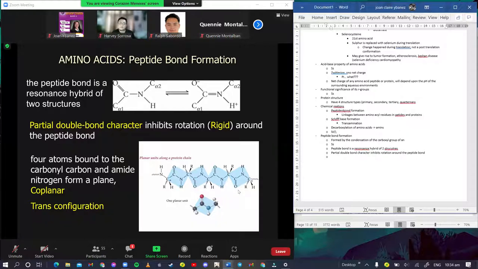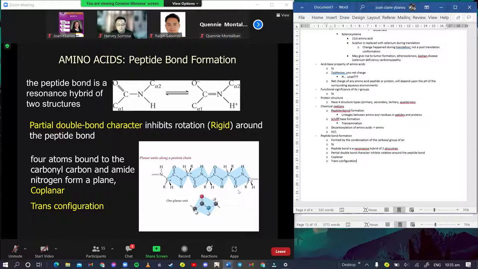Now, another important property is the 4 atoms bound to the carbonyl carbon and the amide nitrogen. They form a plane and they are said to be coplanar. Okay. Then trans configuration, was this mentioned by Dr. Pipito when you were on the topic of the membrane, the difference between cis and trans configuration in the presence of a double bond?